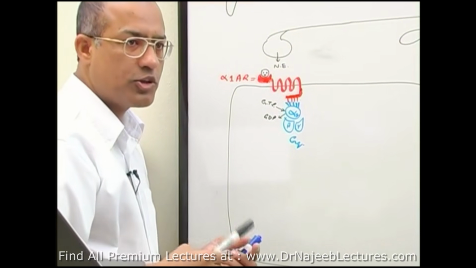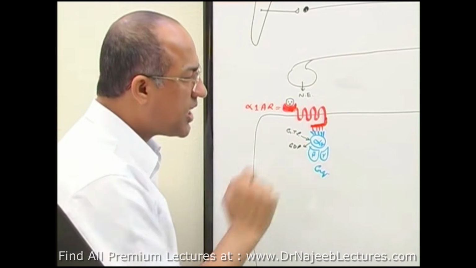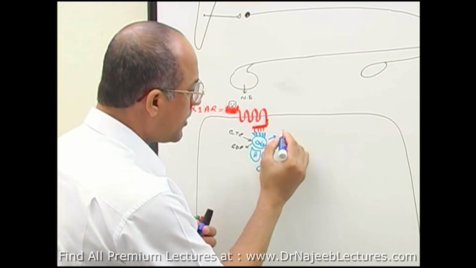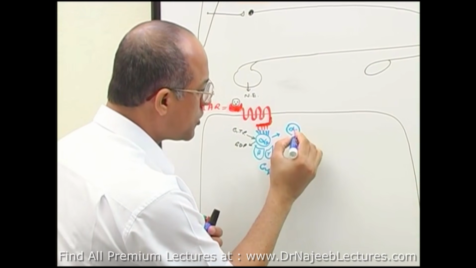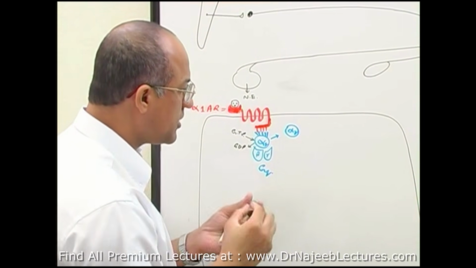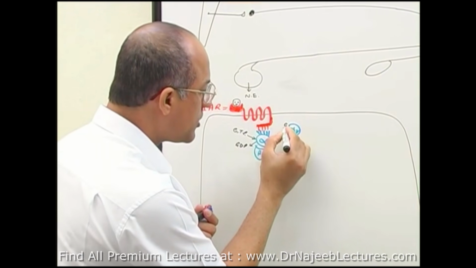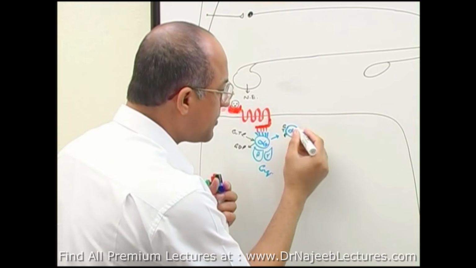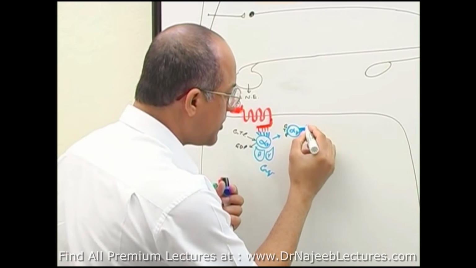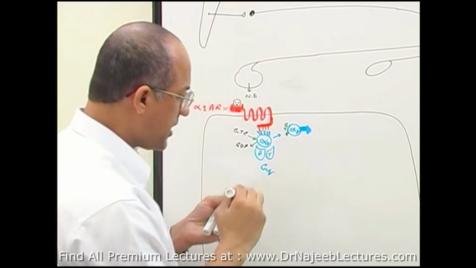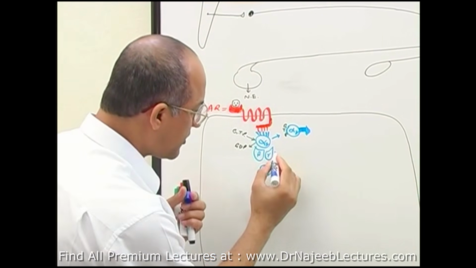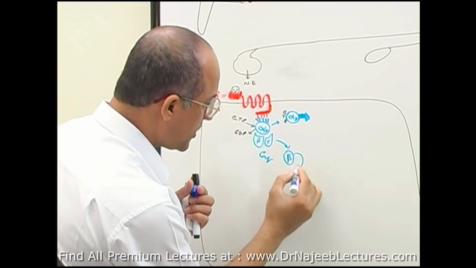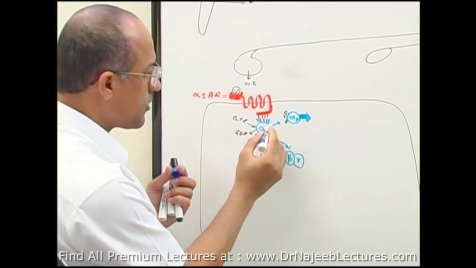This dissociated alpha component, now alpha Q, is loaded with GTP and is fully active, and beta and gamma have been dissociated from this trimeric complex.